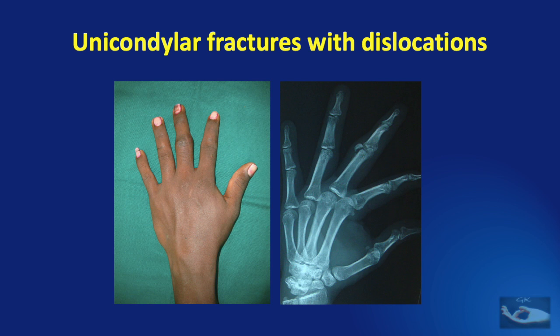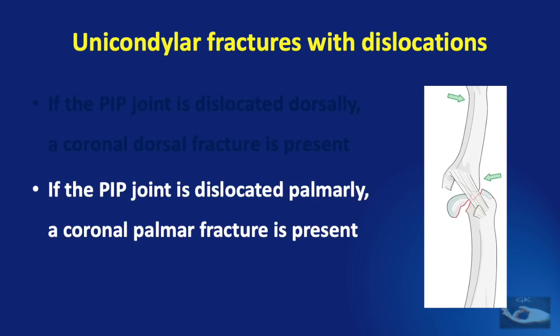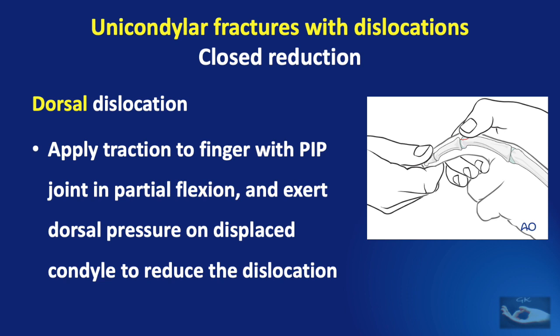Coronal unicondylar fractures may be associated with dislocations. If the PIP joint is dislocated dorsally, a coronal dorsal fracture is present, and if dislocated palmarly, a coronal palmar fracture is present.